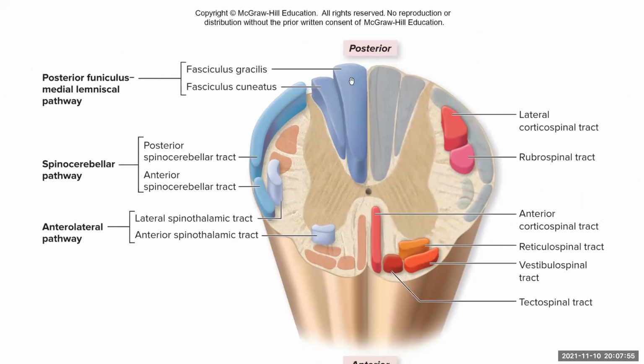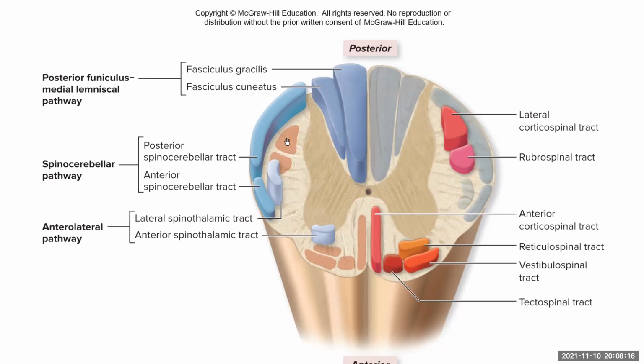Remember, that carries vibration, touch, and proprioceptive information from your lower extremity, the lower half of your body, up towards your brain. And then we have the fasciculus cuneatus, which carries that same information, but from the upper extremities, the upper half of your body.